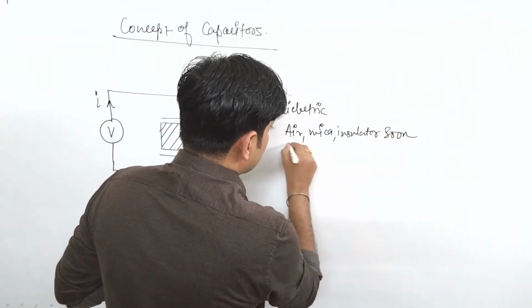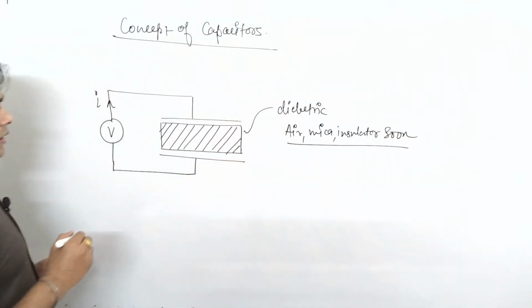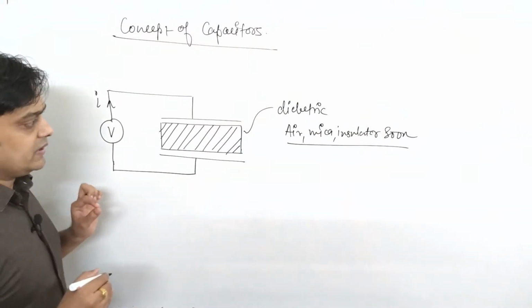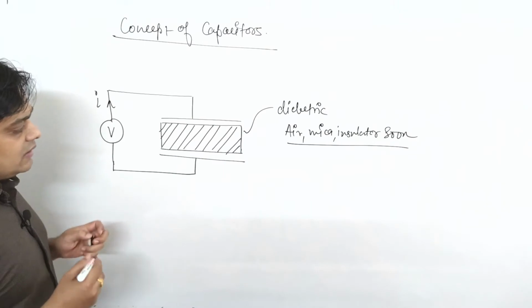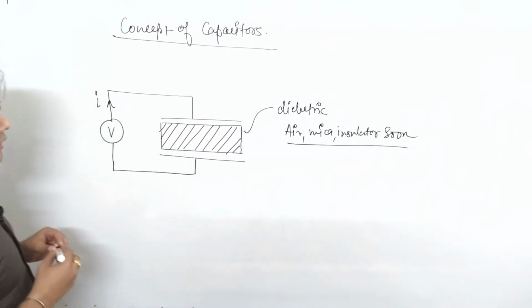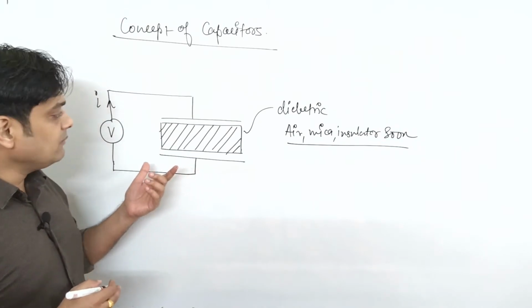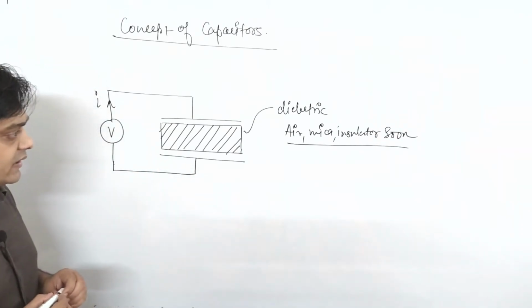Here we will discuss a little bit about the working of the capacitor. You might have seen that working in your other EDC subject also, but for the time being we will try to understand it.